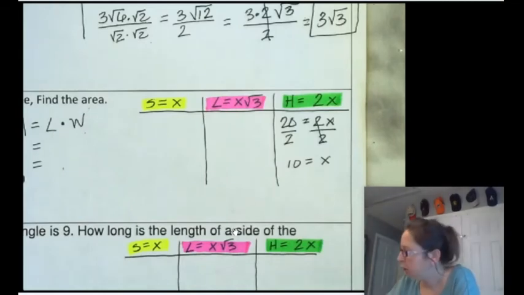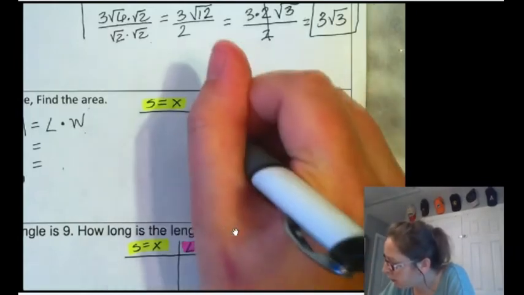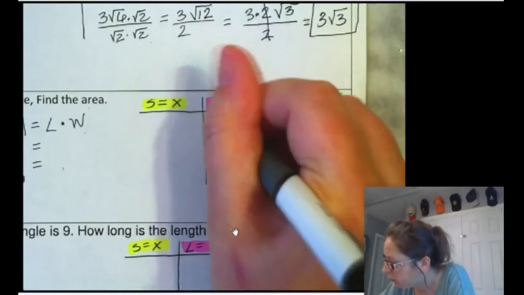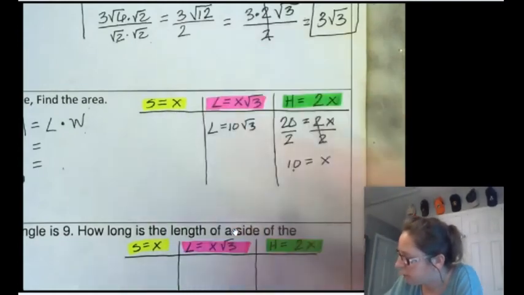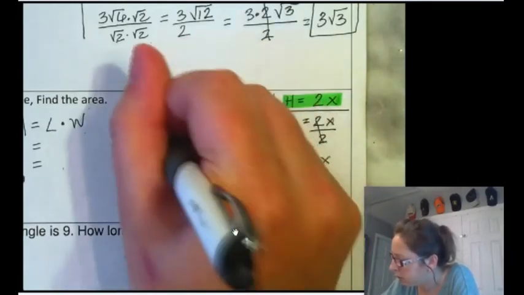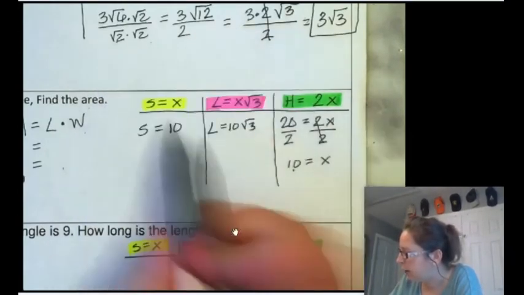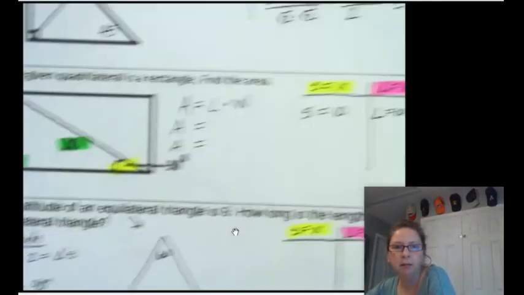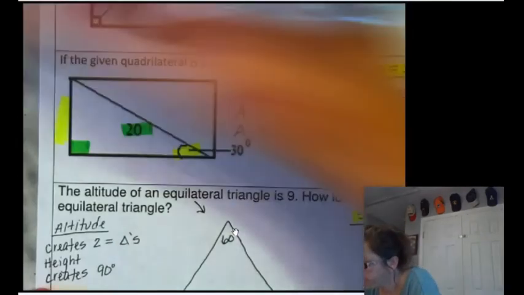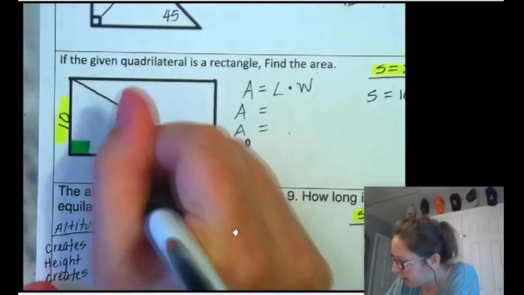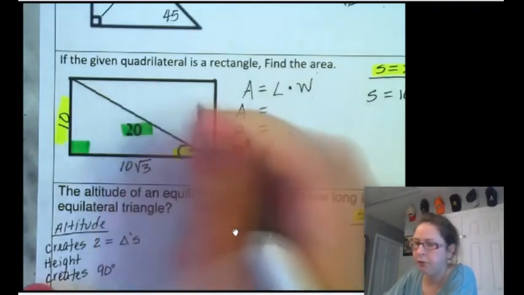Okay, so the long side equals 10 times the square root of 3. And the small side equals x, which is 10. Okay, so now I know that my small side, if I marked this down, is 10, and this large side is 10 square roots of 3.